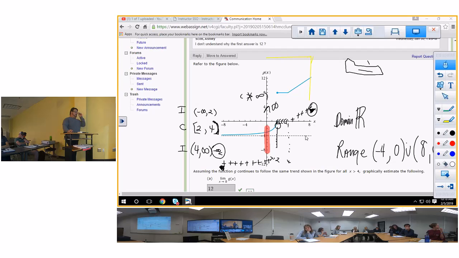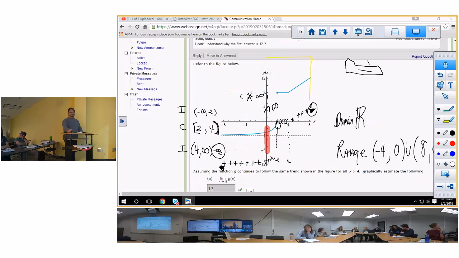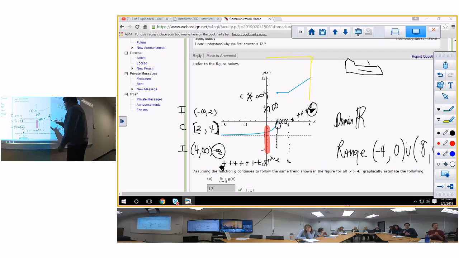Now, the wording is limit, but what they're saying is, it's called the Squeeze Theorem in calculus. If I approach 8 from this side, okay, now it's not going to work. Did I hit red?